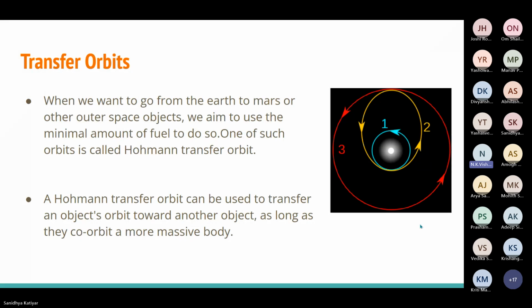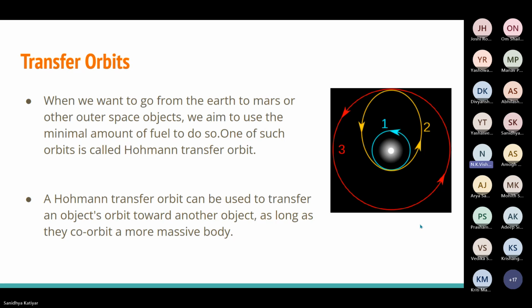So, we can calculate what fuel exactly does: it gives an impulse. So, what we want to actually calculate is the least amount of impulse you can apply for the satellite to actually go and meet the place where it's supposed to be. How exactly we do this is something called Hohmann transfer orbits.